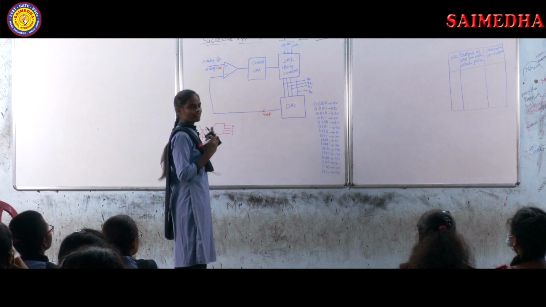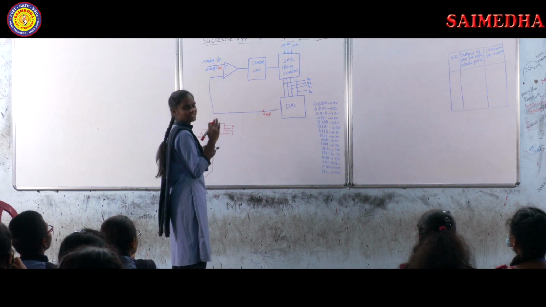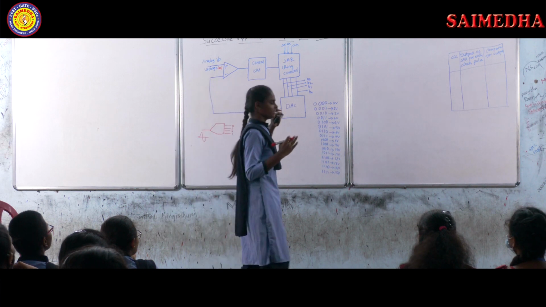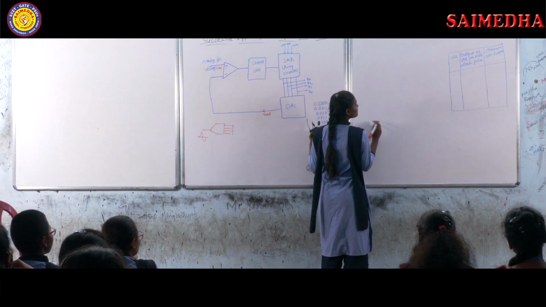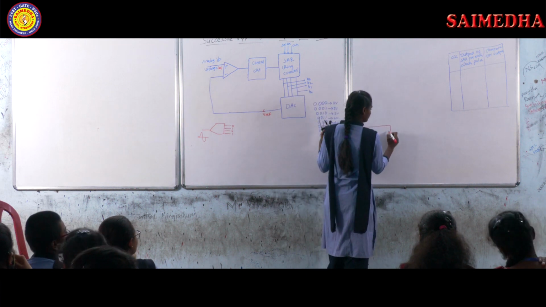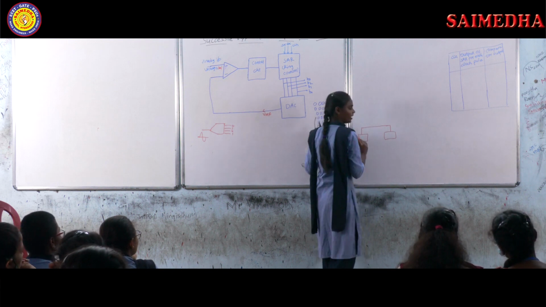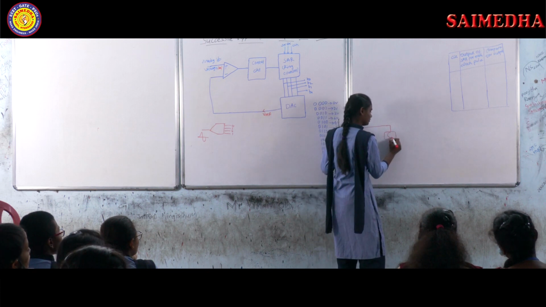One method of analog to digital conversion is the Successive Approximation Register ADC method. What is meant by successive approximation? Let us discuss with an example. If you want to measure some material, I am considering a stone.